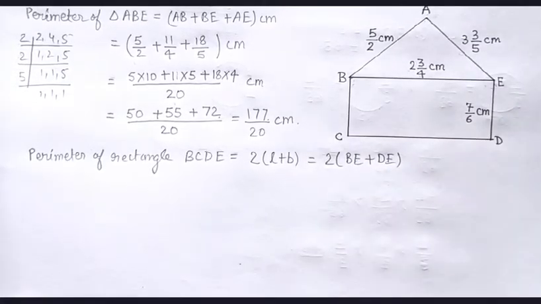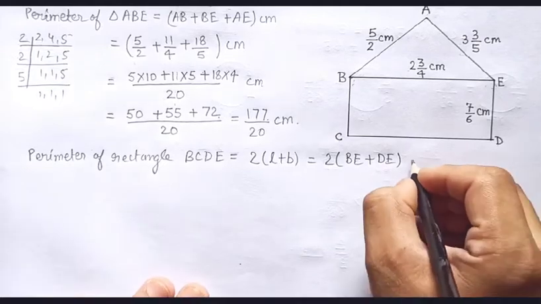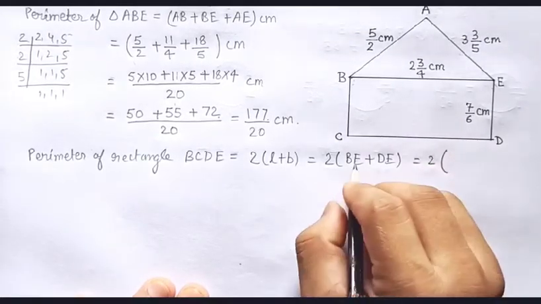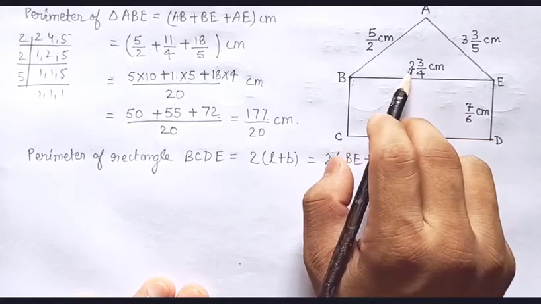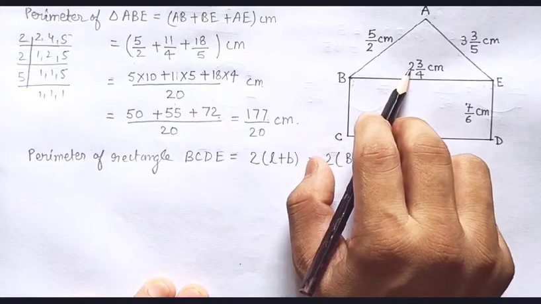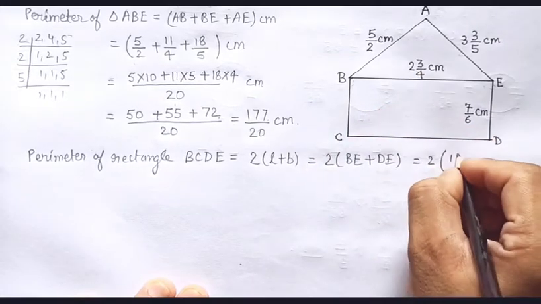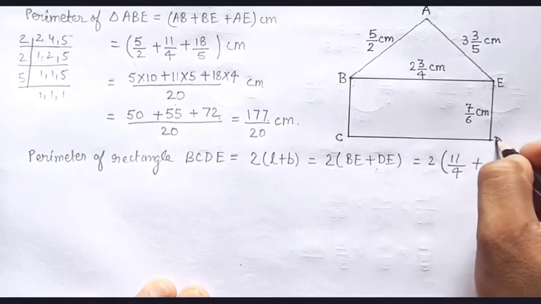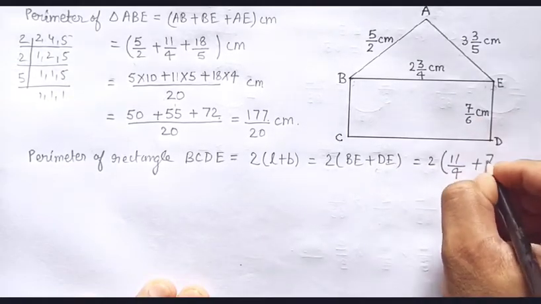Okay, now let us put the values. So we can write 2 into BE, in place of BE, that is 2 3/4. Again it can be written as 4 into 2, that is 8, plus 3, 11/4, plus DE. DE is 7/6.